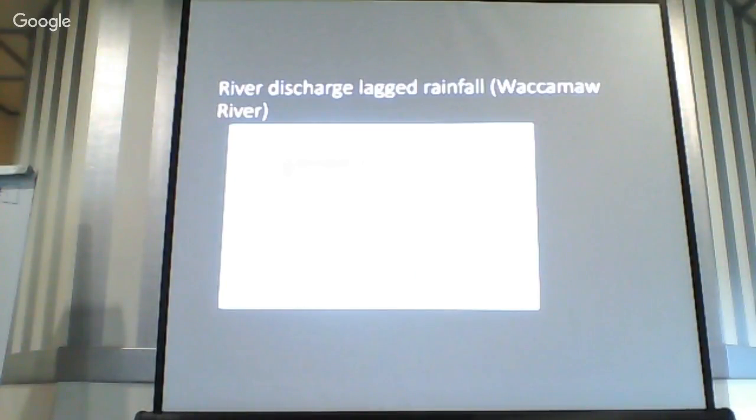Because we only have some discharge gauge data from USGS, and due to the limited data availability, we decided to use a model. So we use the WRF-Hydro model to simulate how this river responds to this rainfall.